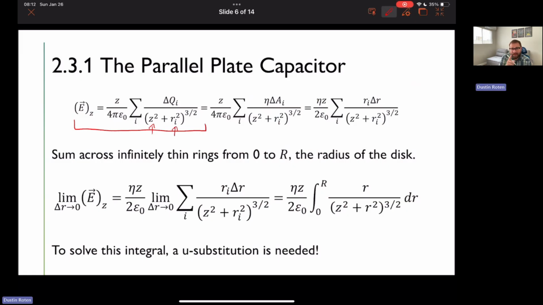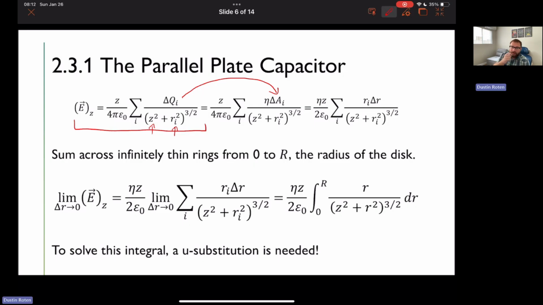This is now the radius of the ring, or the radius outward to the ring, the radius of the disk. We took care of that transformation, and now we can rewrite this individual charge of the ring as just eta times that piece of area that it corresponds to.